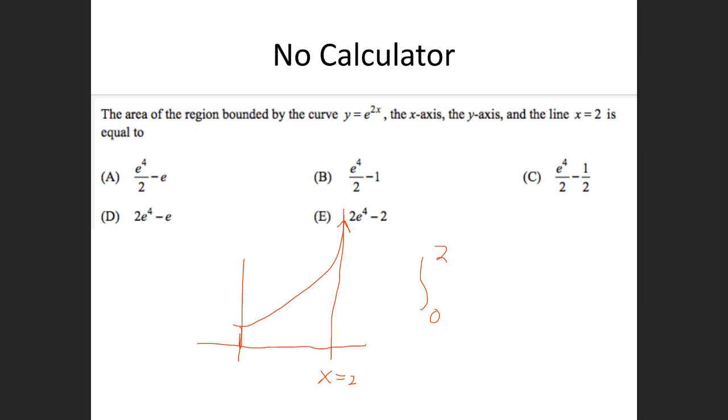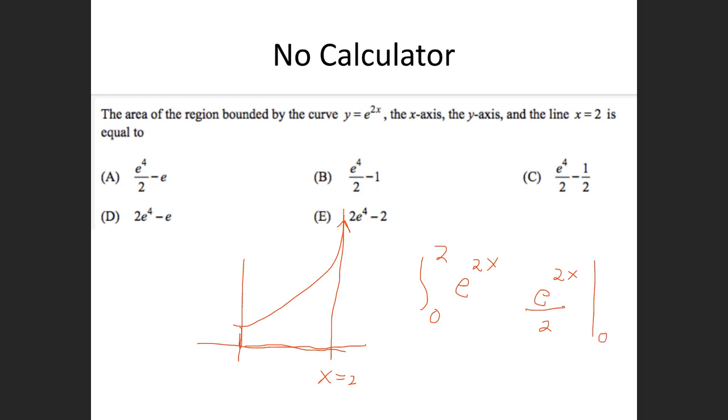Top function is e to the 2x minus the bottom function. Well, that's just 0 because it's the x-axis. So I don't have to put anything in there. Okay, so this is my whole problem right here. The integral from 0 to 2 of e to the 2x. Well, how do I take an integral of e to the 2x? That is e to the 2x over 2, because we always have to divide by the derivative of the exponent.